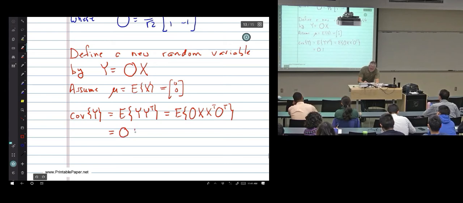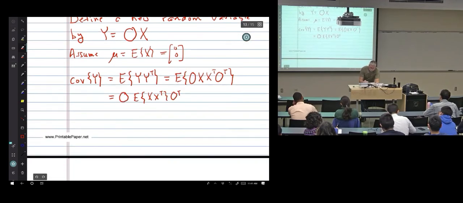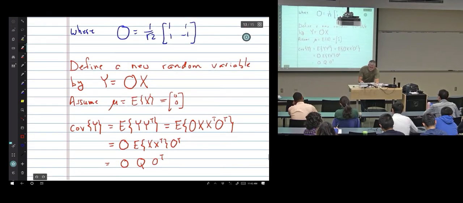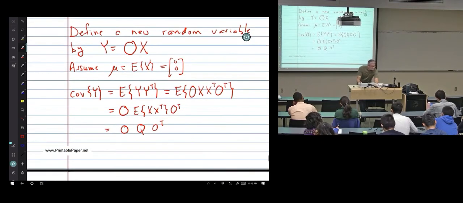These constants just come right out of the integral. So this is O, Q, O transpose. So that's 3, 0, 0, 1.